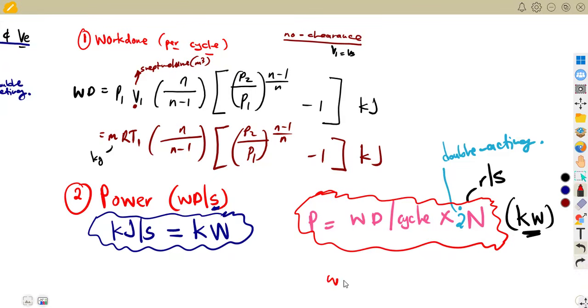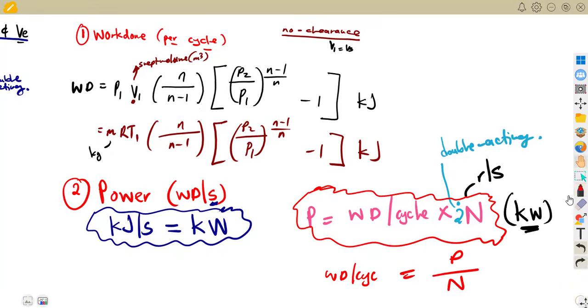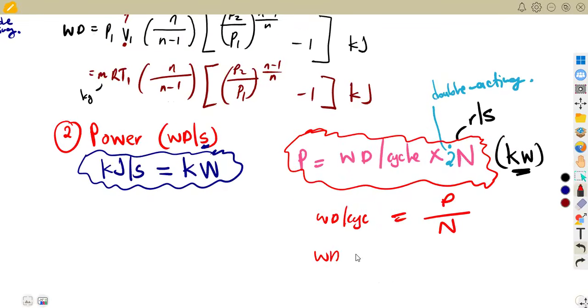So work done per cycle is equal to power over N, but for a double acting, it is power over 2N, whereby this N must be in revs per second.